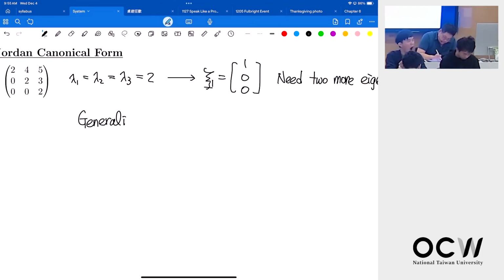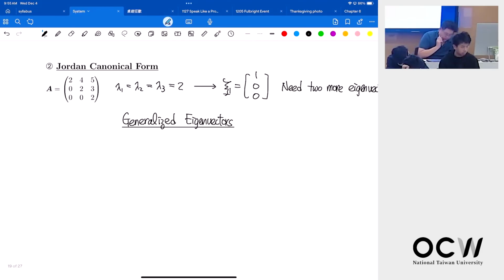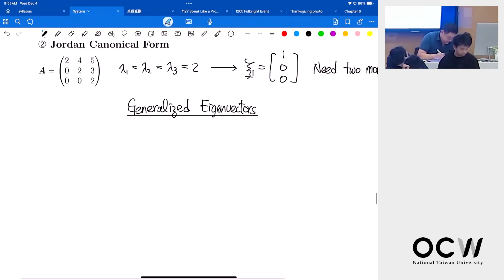Generalized eigenvector. Okay, we know eigenvectors satisfy this equation, A x1 equals lambda 1 x1.